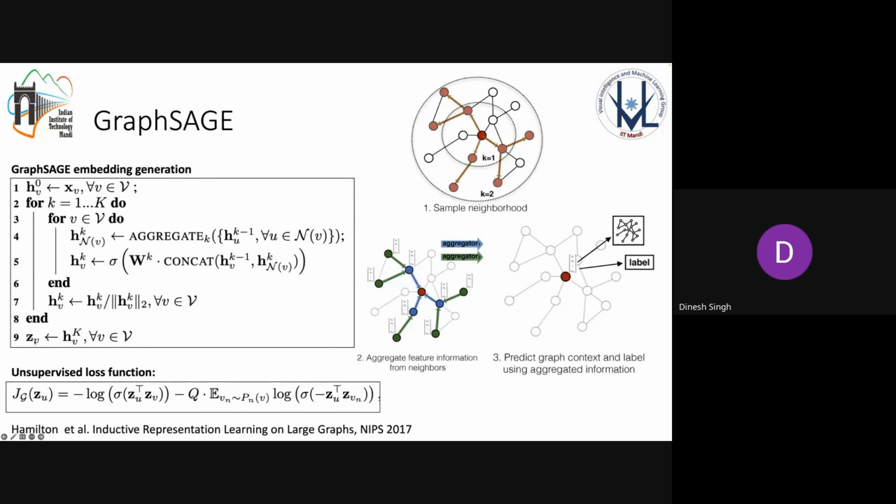If you have a label for that particular node, you can directly connect a softmax layer and train it in a supervised way. If you do not have labels, you can define an unsupervised loss. Let's say similar nodes should be similar to each other, while those that are not similar should be far enough apart.